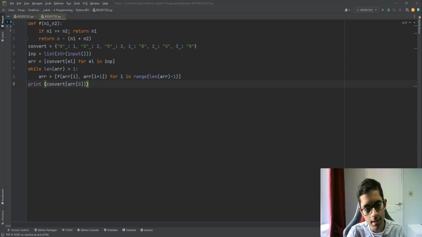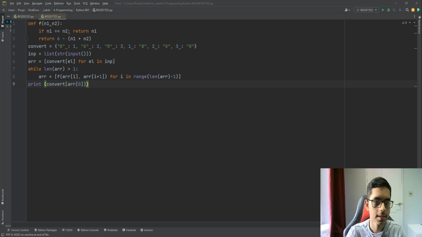Since the numbers we're dealing with are 1, 2, and 3, their sum will be 6. Hence, if we want the number which isn't 1 or 2, we do 6 minus the sum of 1 and 2, which produces 3. If we have 1 and 3, it will produce 2, and if we have 3 and 2, it will produce 1.